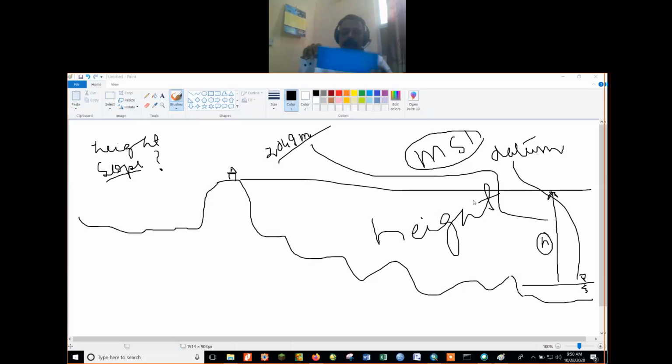So slope is one of the properties of the terrain or the topography. At this point, if I say what is the slope of this, I will take a horizontal line and find out this angle, theta. If the angle is 90 degree, the slope is really steep. If the angle is 0 degree, that means we don't have a slope.